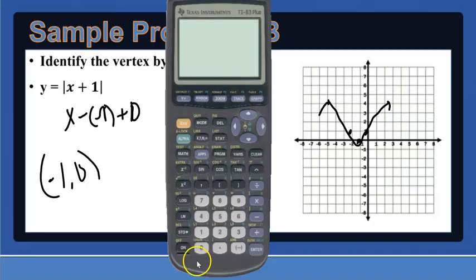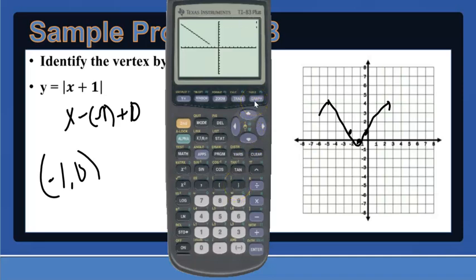Now, if you wanted to do this on your calculator, I can show you how to do that on the calculator here very quickly. We just want to go to our y equals, clear what we have here, and hit absolute value. You go to math, go to numbers. It's option 1 where it says ABS, hit 1. And in parentheses, I'm just going to do x plus 1. End parentheses, that ends the absolute value.